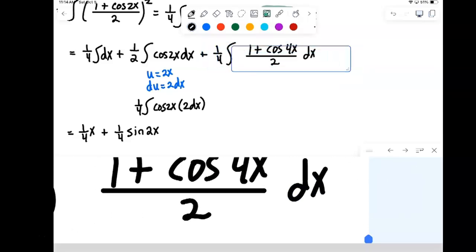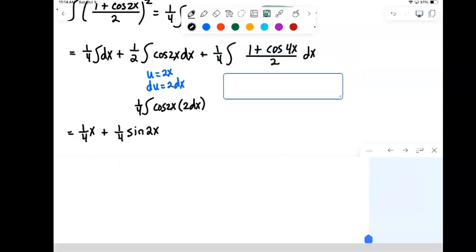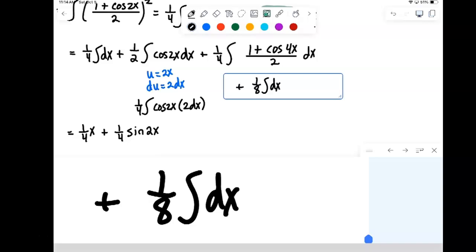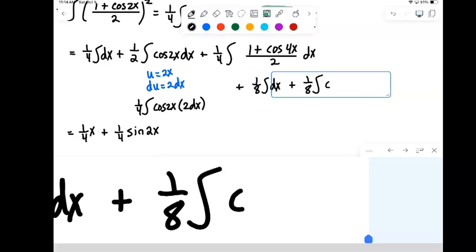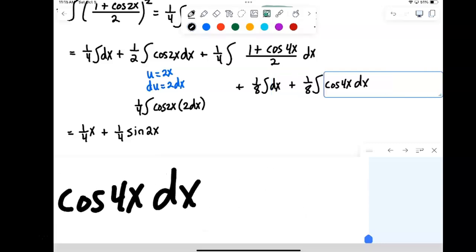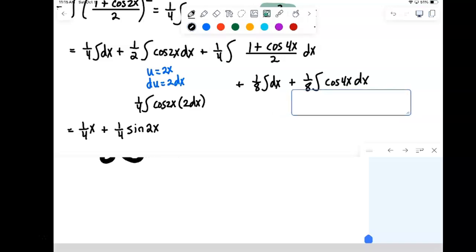I'm going to multiply through by the 1/4 and do some factoring out here. So that's actually going to be 1/8 integral dx plus 1/8 times the integral of cosine 4x dx, which I'm again going to need to do a substitution with.